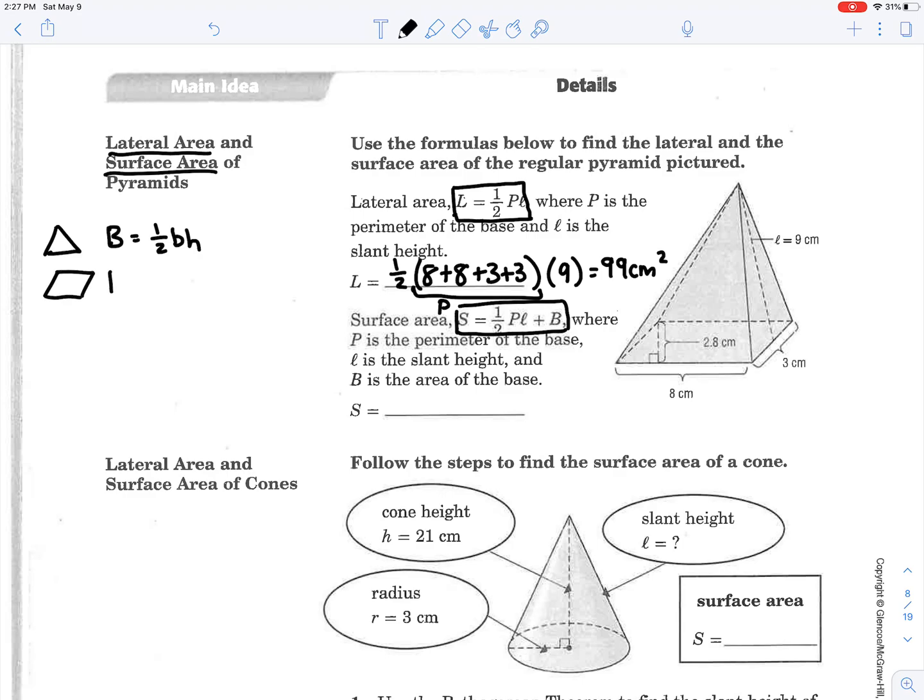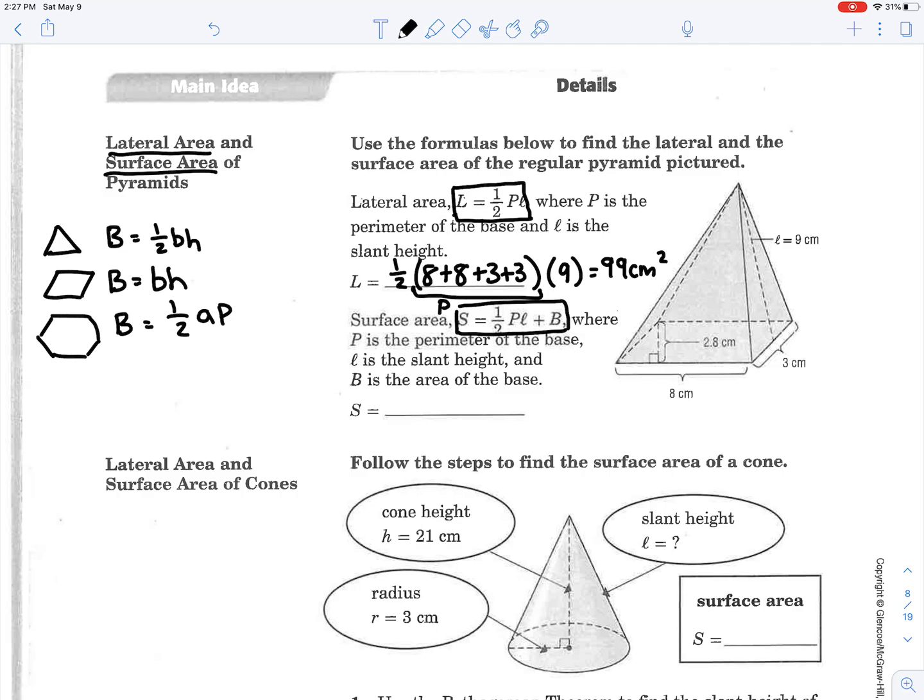If we have a parallelogram, our area of the base is going to be the base of the parallelogram times the height. If we have some sort of a regular polygon, area of the base will be 1/2 apothem times perimeter. So our capital B will change based off of the base.